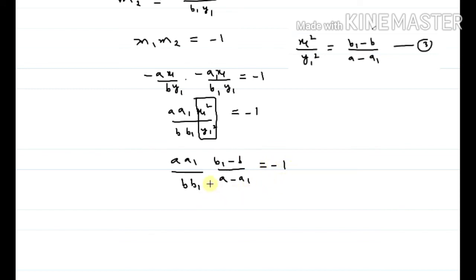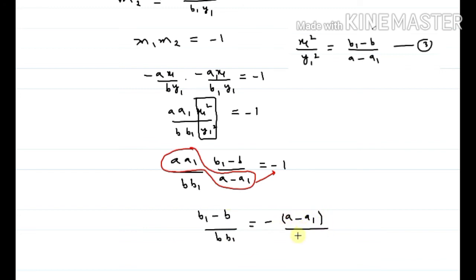On simplification, take these two terms to this side. So from this I can write (b1 minus b) divided by b b1 is equal to minus of (a minus a1) divided by a a1.